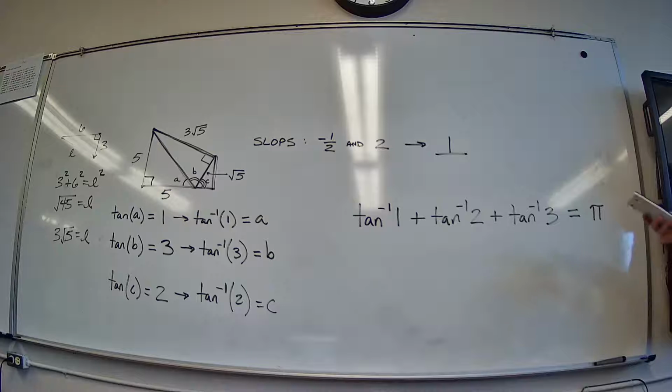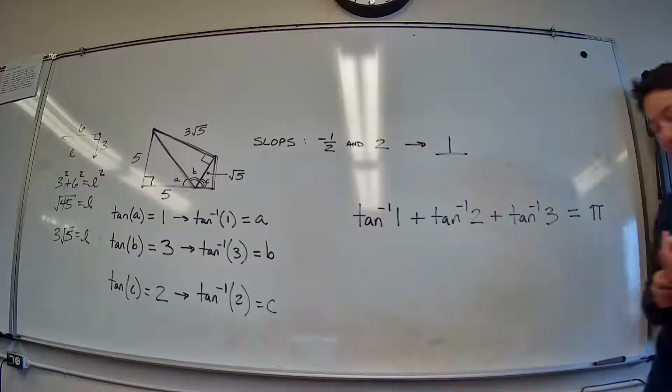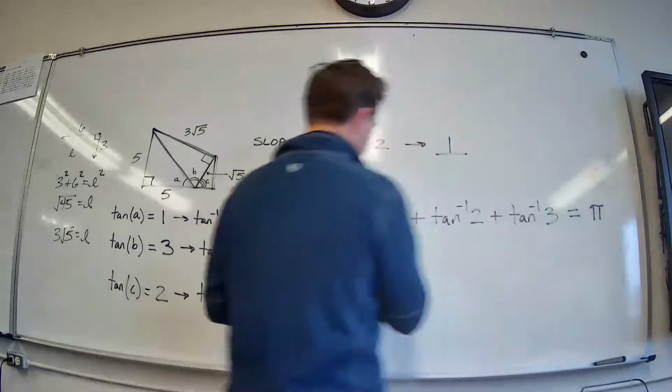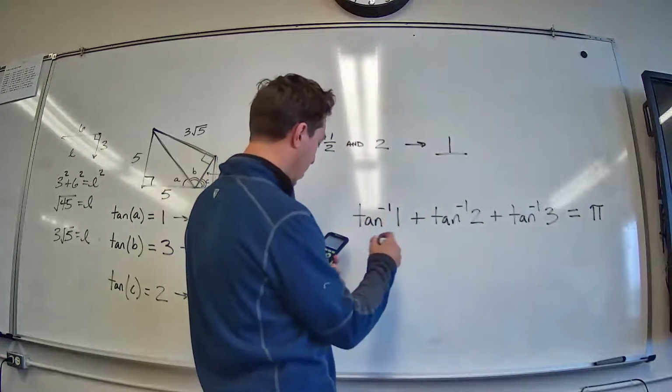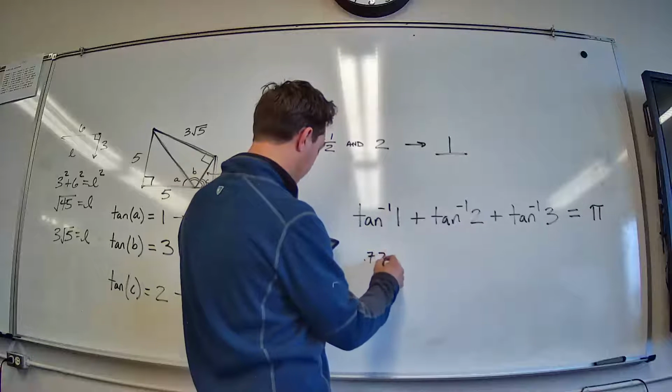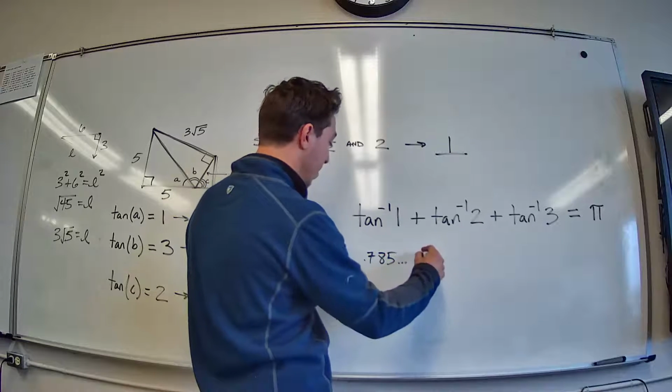No, what's crazy is if you look at the decimals separately, I'm gonna go back to radian mode. Like this guy here, the inverse tangent of 1 is 0.785, blah, blah, blah.